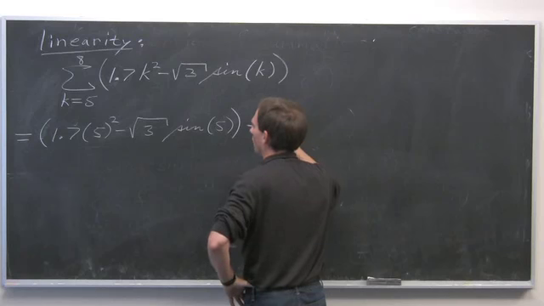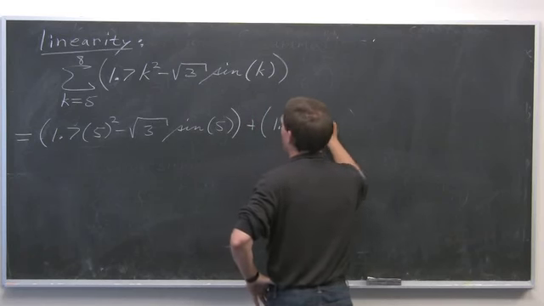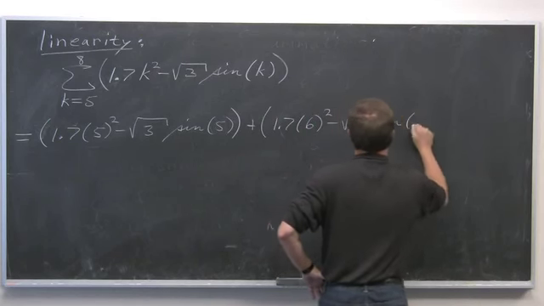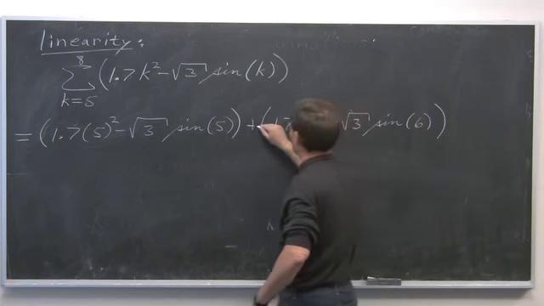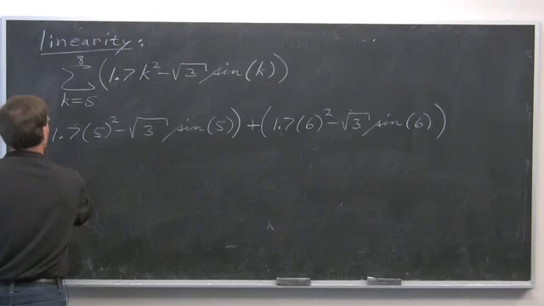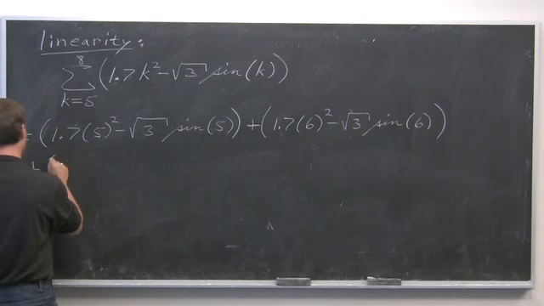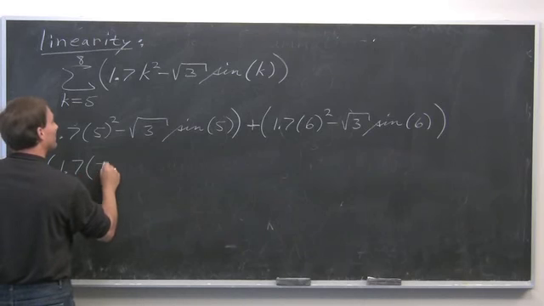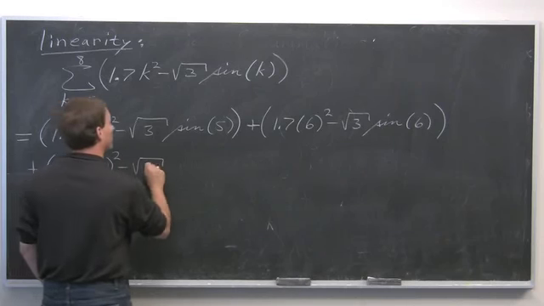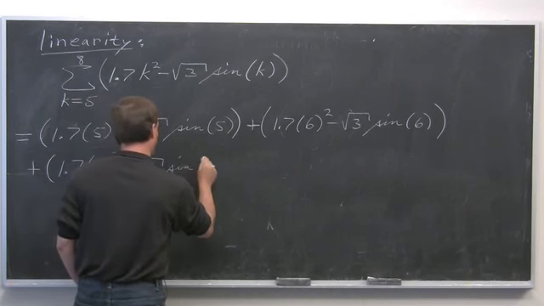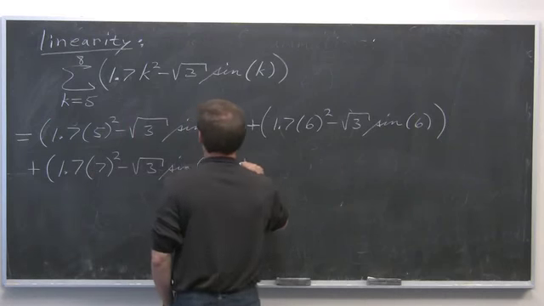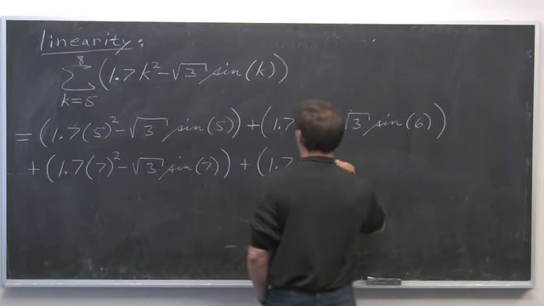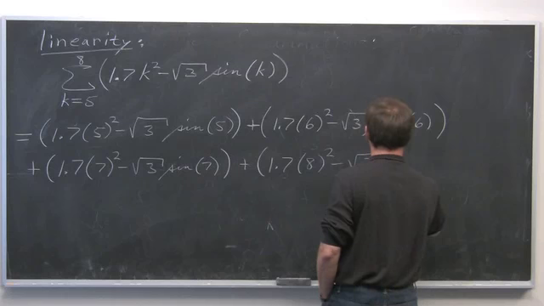So you get 1.7 times 6 squared minus the square root of 3 times the sine of 6, plus, no, we're not going to evaluate this. We're not going to get some decimal for it. It's not where I'm going with this. 1.7 times 7 squared minus the square root of 3 times the sine of 7. And then plus 1.7 times 8 squared minus the square root of 3 times the sine of 8.